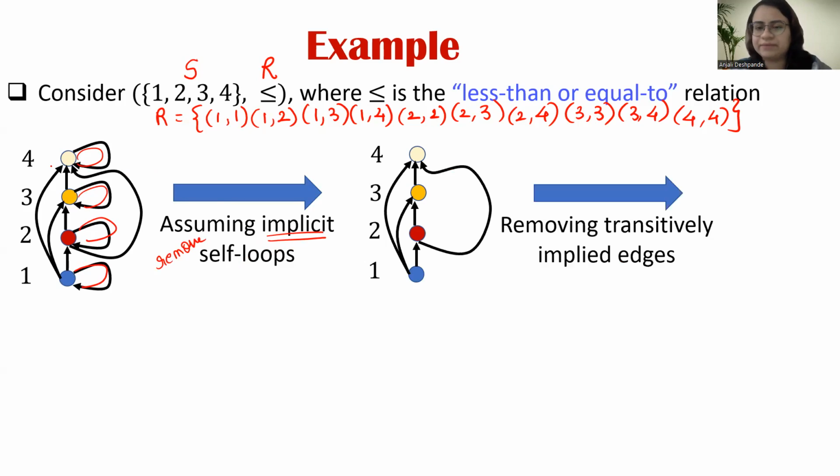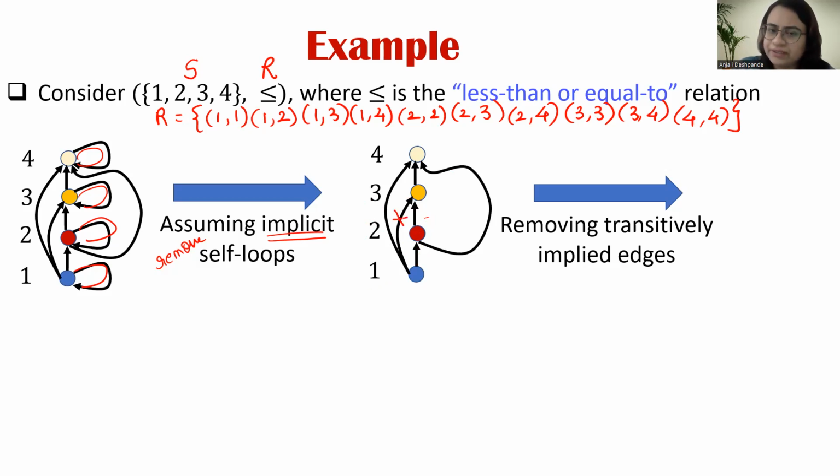Now, next step is you have to remove transitively implied edges. What are those? 1 is related to 2, 2 is related to 3, and I have 1 is related to 3. So anyhow, if I want to reach 3 from 1, I can do it by going from 1 to 2 and 2 to 3.